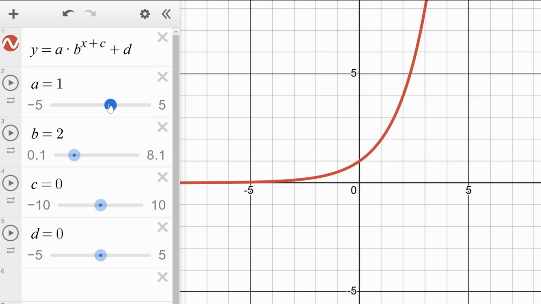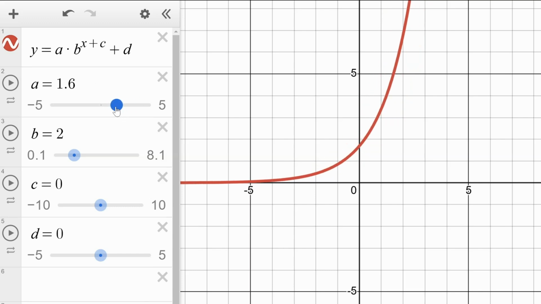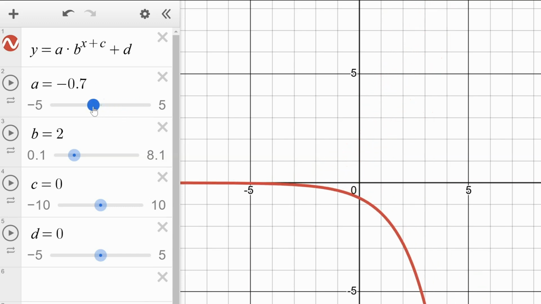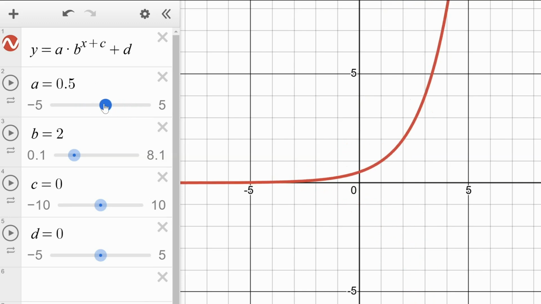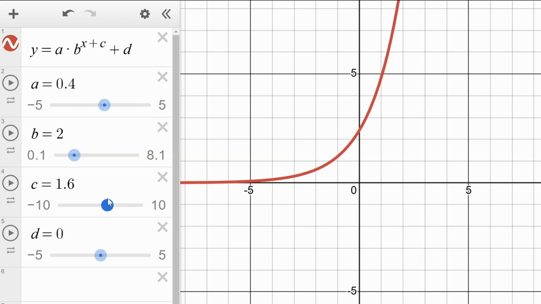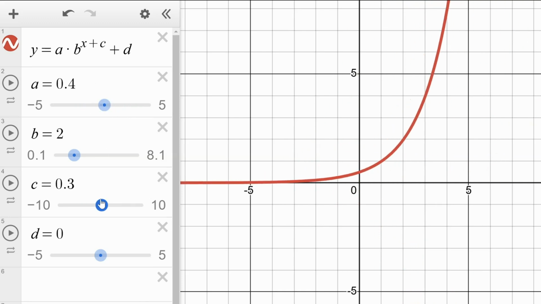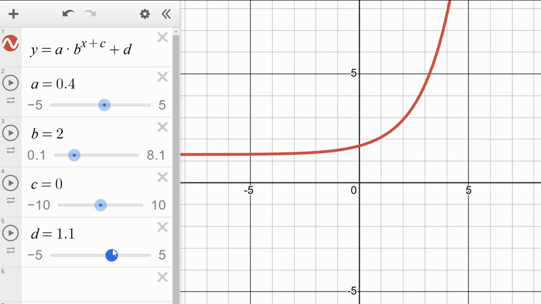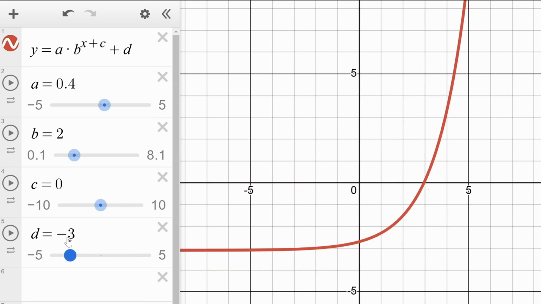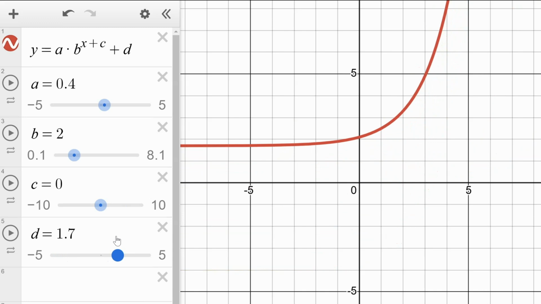So things like vertical expansions, vertical compressions, vertical reflections, as well as horizontal shifts or vertical shifts, and so on. We're going to look at it in several different ways. We're going to do that right now.